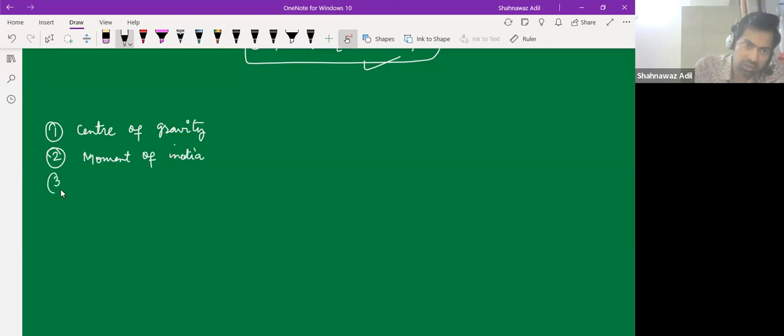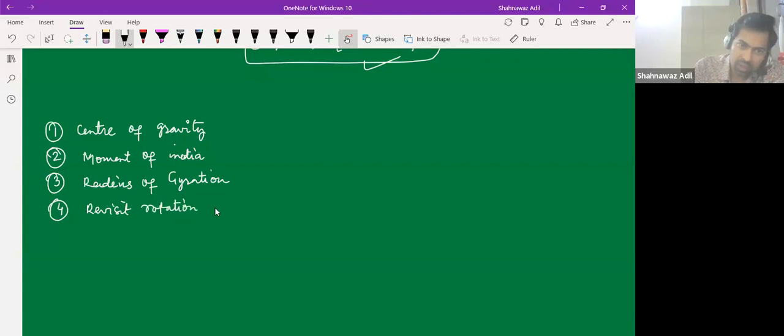And then we will also talk about this radius of gyration. And then we will revisit rotation about a fixed axis, right?